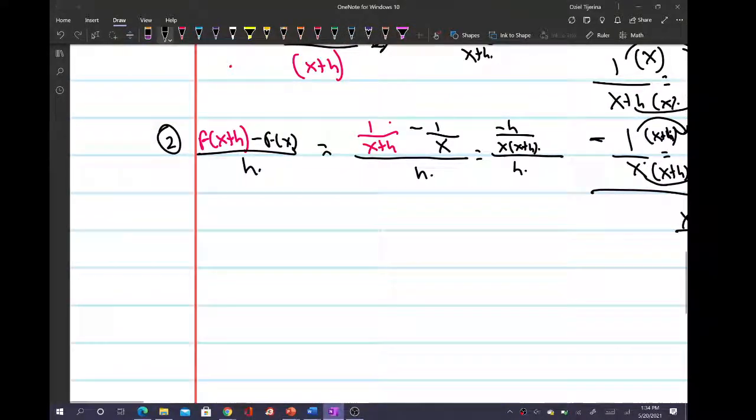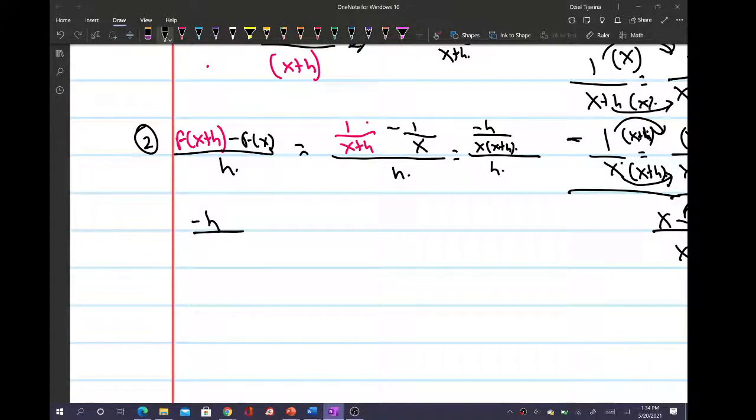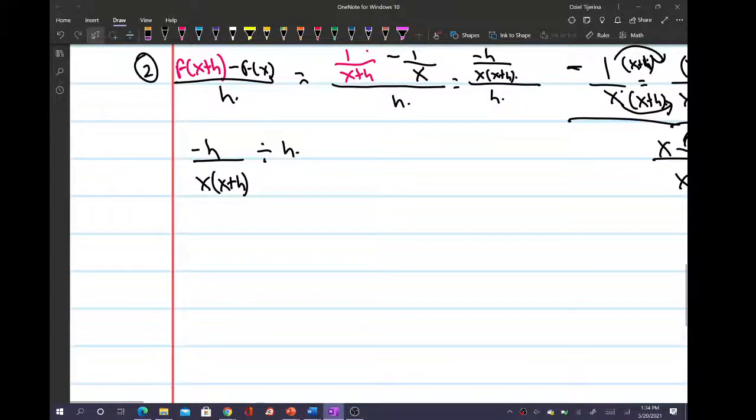Over h. So that means we have negative h over x times x plus h divided by h, right? So we use the dividing fractions rule here. Negative h over x times x plus h times 1 over h.